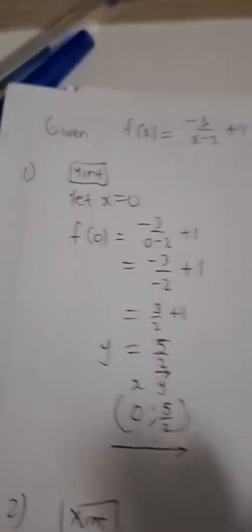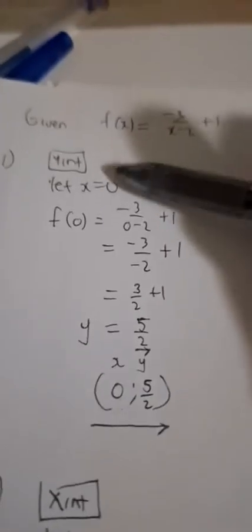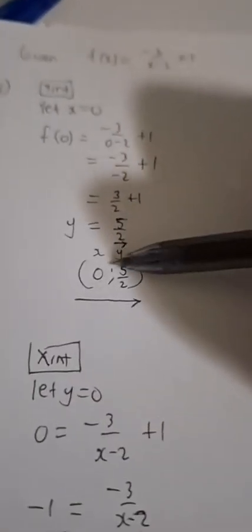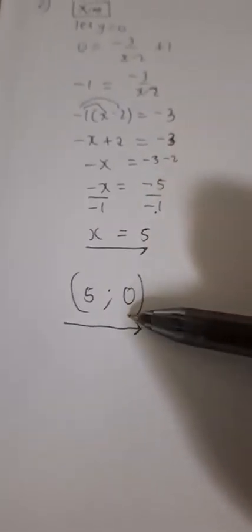That's our Cartesian plane. Before we draw anything on it, from the previous questions we were able to get the y-intercept, the coordinates (0; 5/2), and the x-intercept, the coordinates (5; 0). But before we sketch any hyperbola function, we need to make sure that our planning has been done.